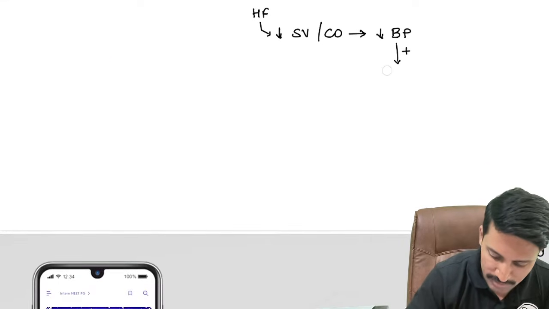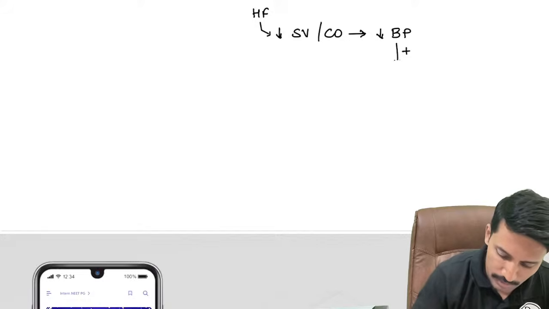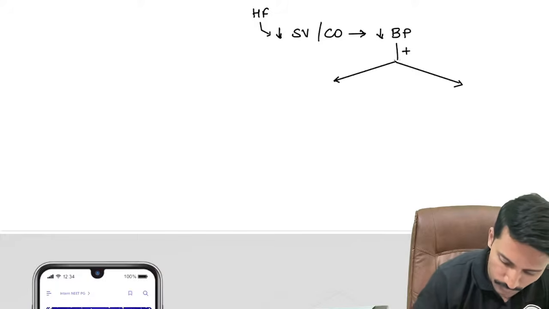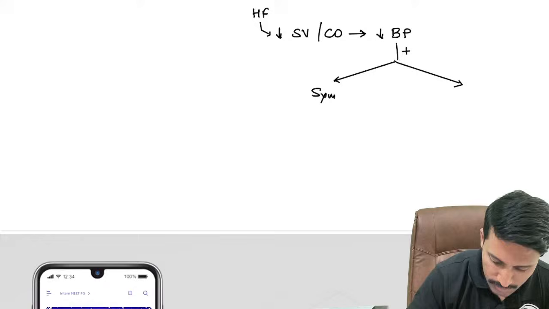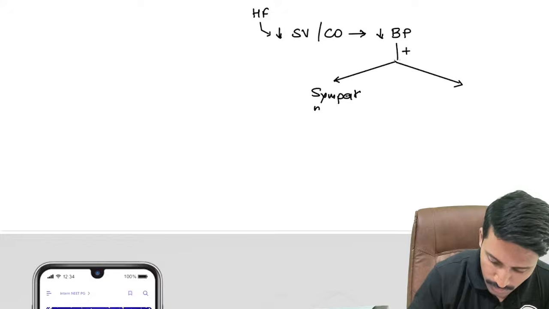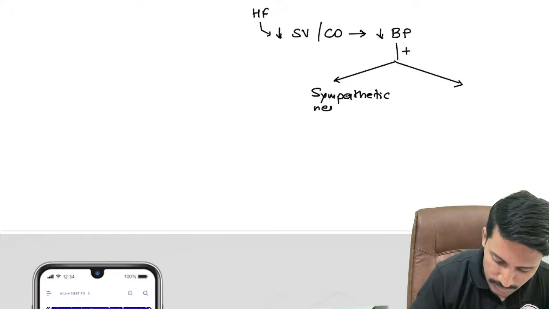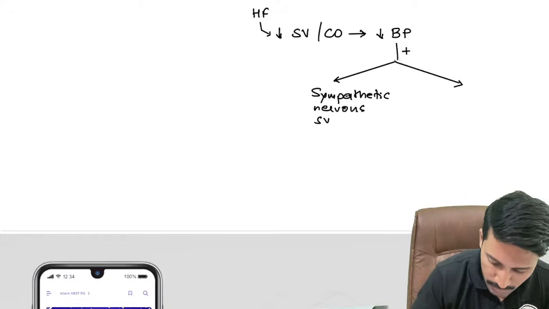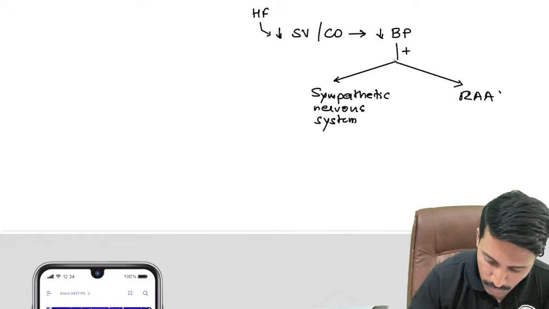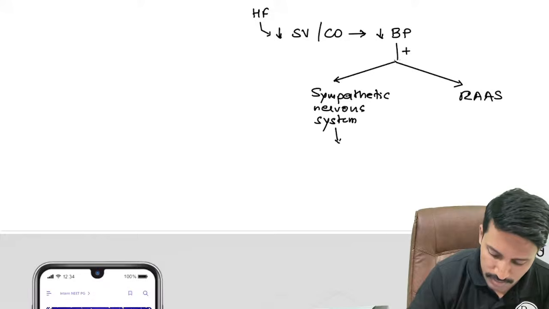So when this BP decreases, the body will try to counter it by activating two important mechanisms. So what are those mechanisms? The first one is the sympathetic nervous system, and the second one is the renin angiotensin aldosterone system, RAS. So what will the sympathetic nervous system do?